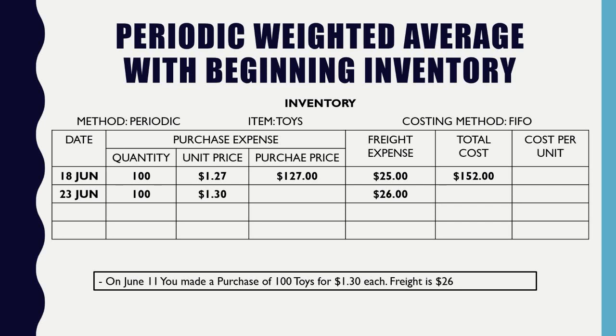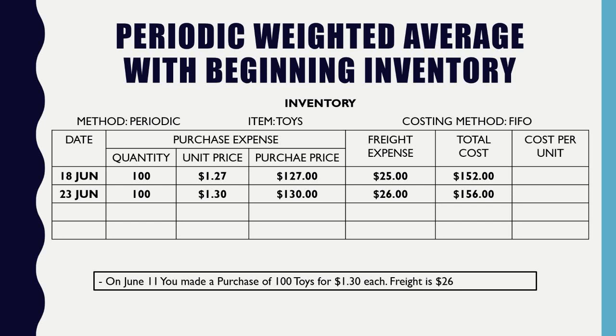So on June 23rd, we end up purchasing another 100 units at $1.30, and then, of course, with a freight of 26. So we get 130 plus 26, giving me a total of 156. Okay.